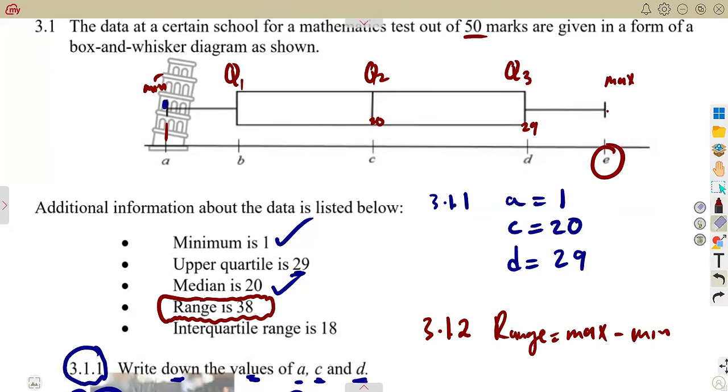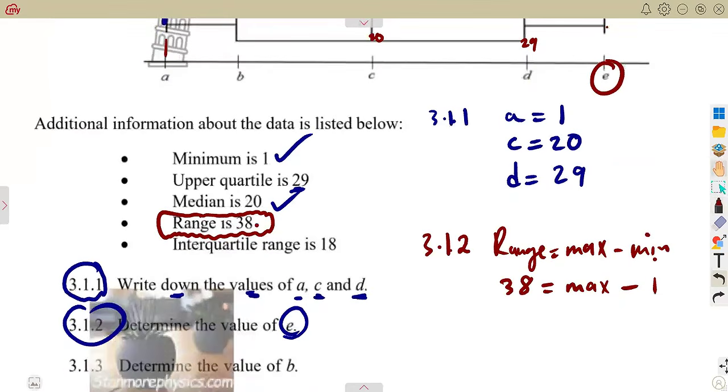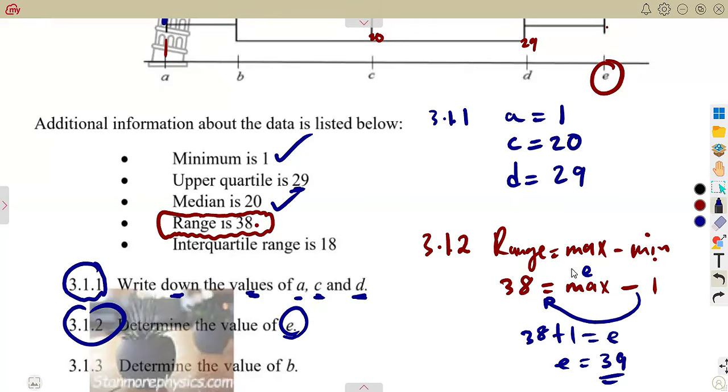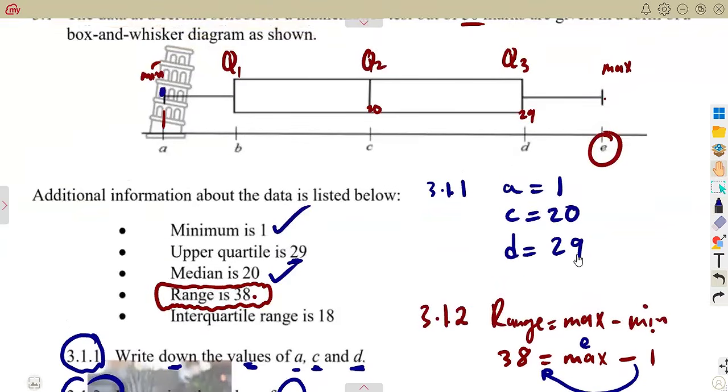We are given the range is 38. We do not have the maximum value, but we are given the minimum value as 1. So you simply take this to the other side: 38 plus 1 is equal to E. So E is 39, representing the maximum value.